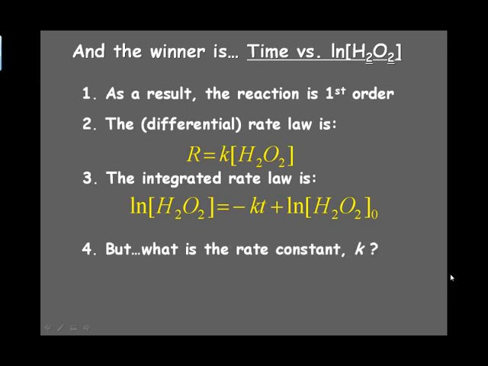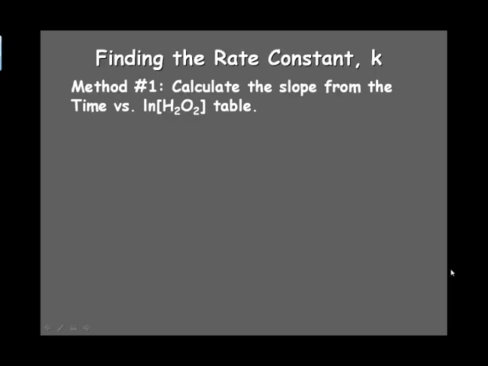So then, how do we determine the rate constant k? What's the easiest way to do that? There are two different ways really. The first method is to calculate the slope from the time versus natural log of hydrogen peroxide table. That would be the slope that was generated when the regression was done on time versus natural log.